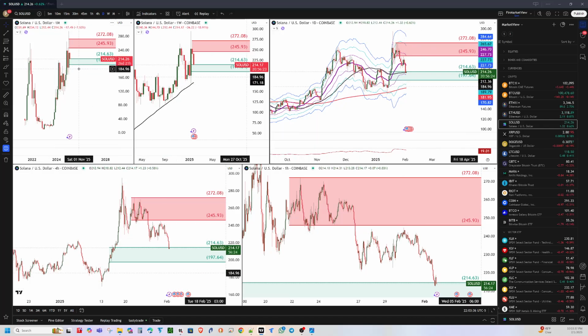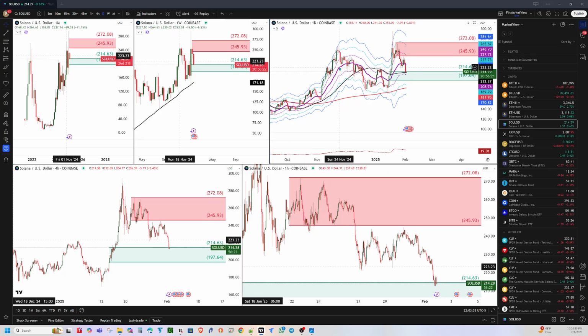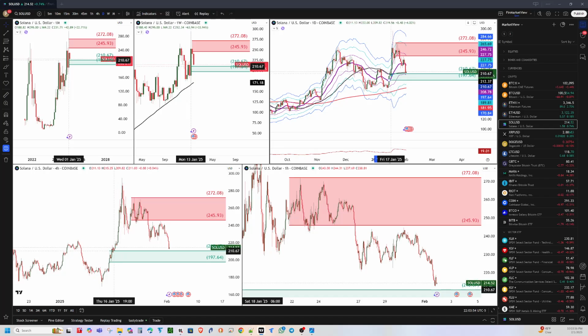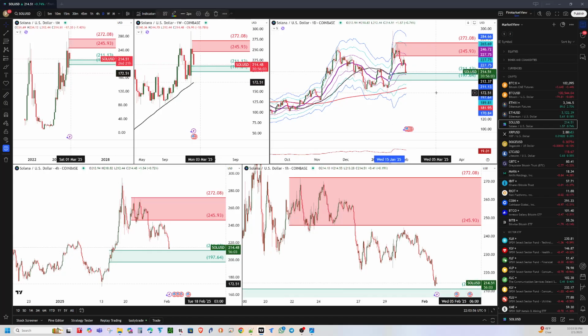Recently, right now Solana is range bound on the monthly and weekly, but on the daily I don't see any candle close above this prior swing high, which is 265, which it rarely closed. But right now it did reach this support area, 215ish.